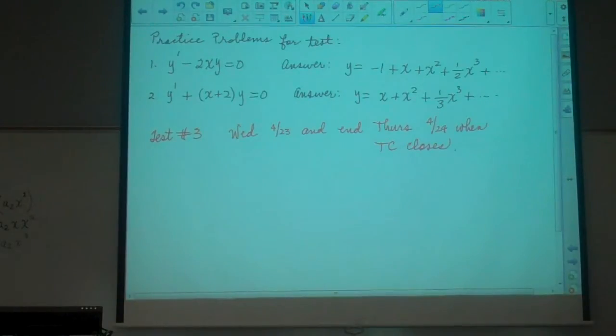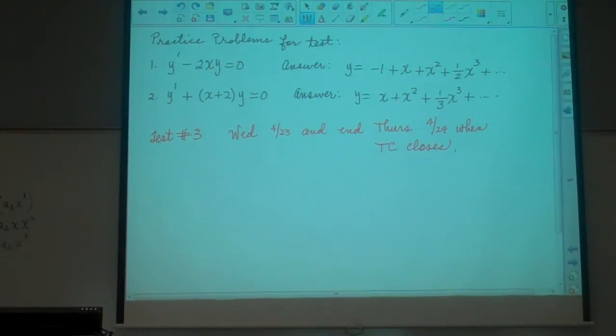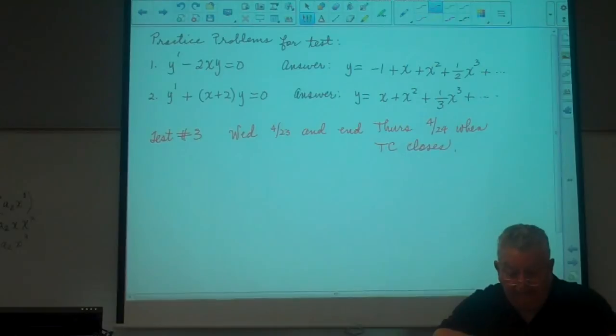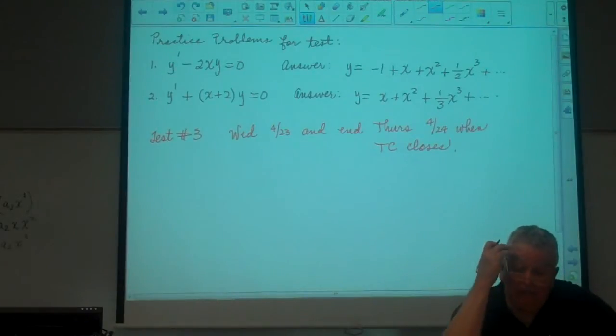So all you have to do is use the ratio test and find what values of x make the ratio be less than 1, which is where it converges. And you got problems in the notes like that, don't you? Okay? That's it. 4 and 5.